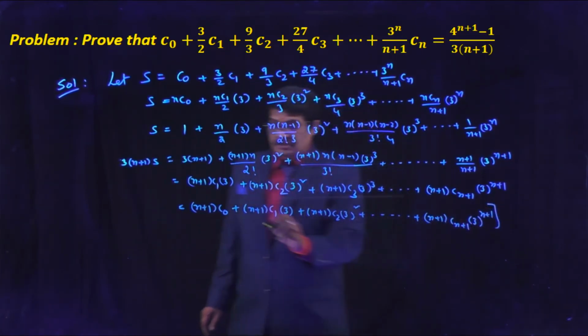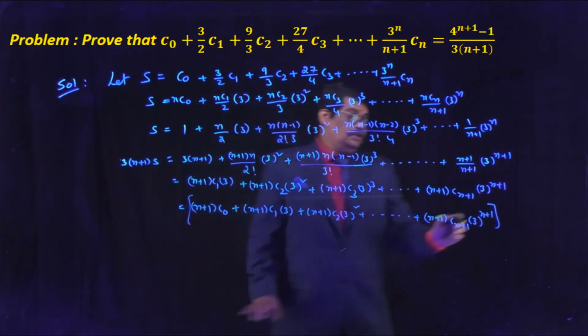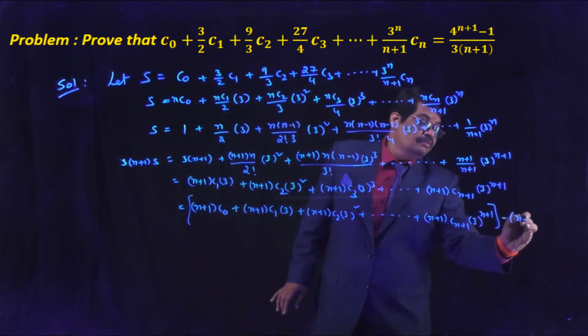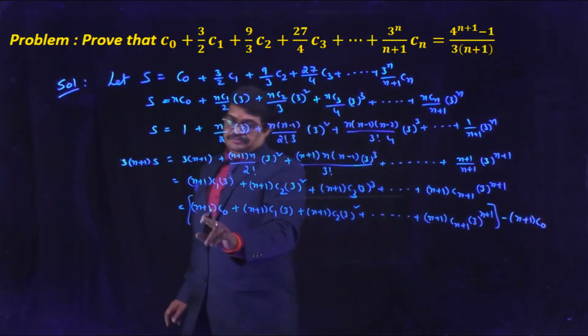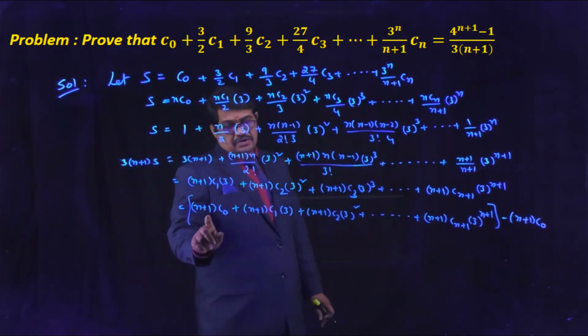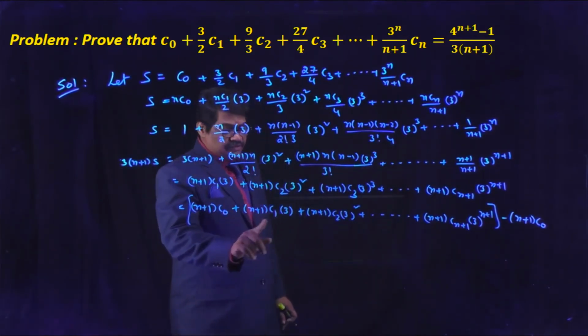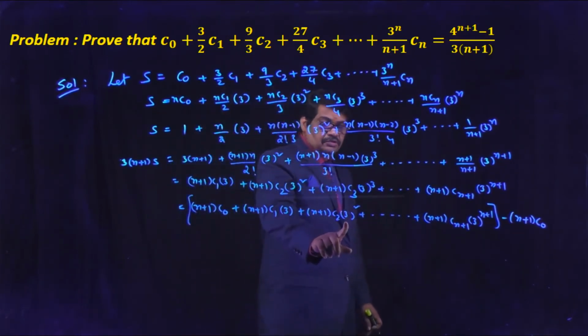Now these are the terms. Here we are adding n plus 1 c naught, and in the last we are subtracting the term n plus 1 c naught. So this is the expansion now, like this: n plus 1 c naught, n plus 1 c1 into 3, n plus 1 c2 into 3 square and so on.